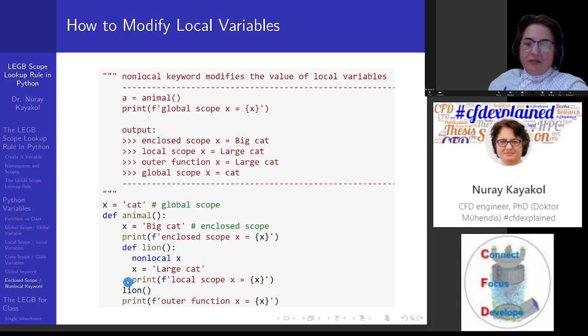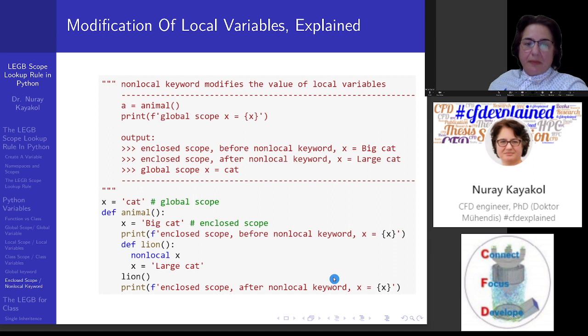So if you define a global x here, if you type global x is equal to large cat, all the values of cat become whatever you define here. This is another example.